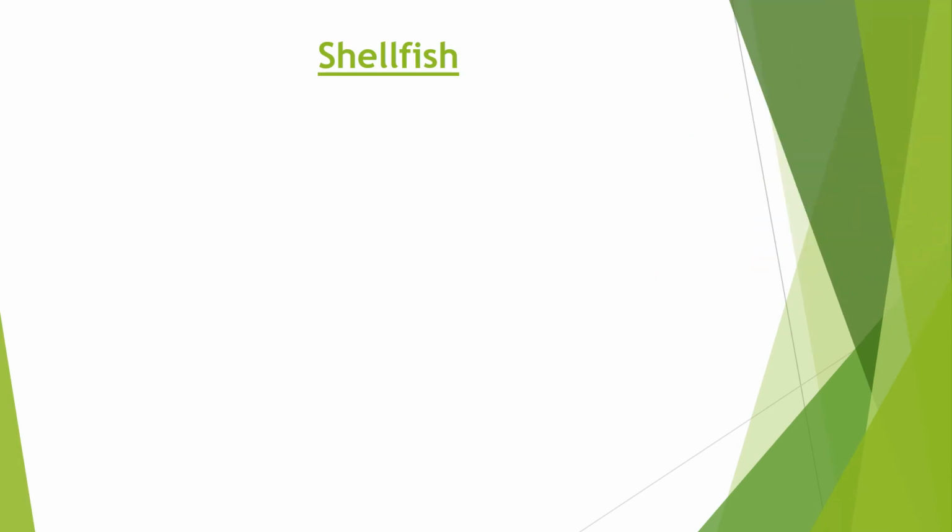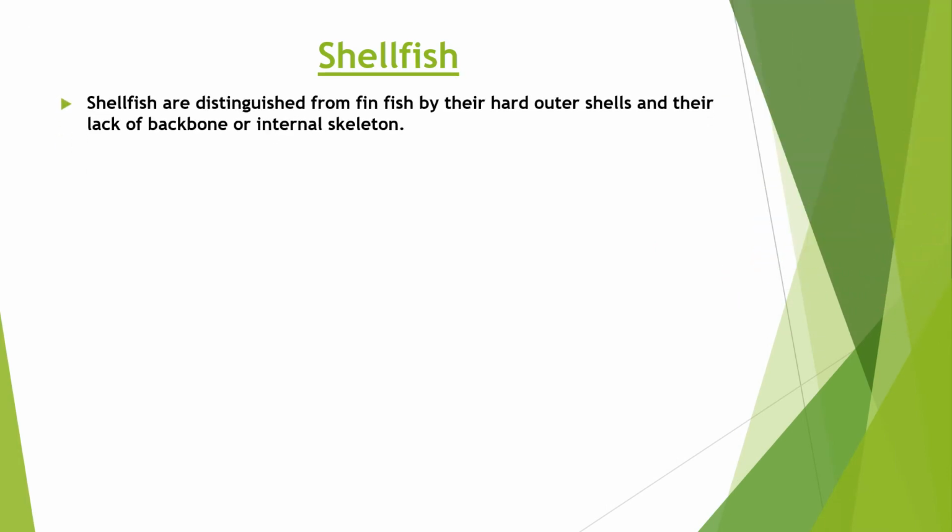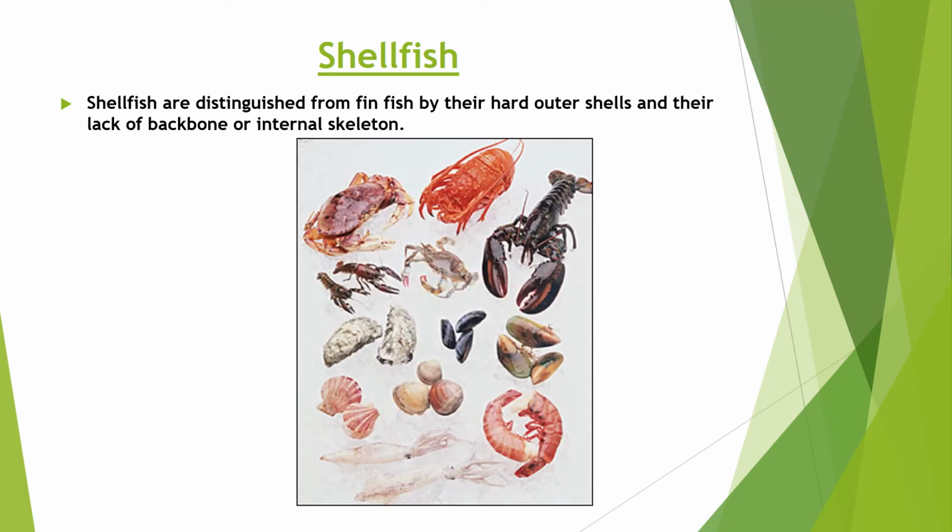Okay, shellfish. Now we're almost finished with this one. What are shellfish? Shellfish are distinguished from finfish by either harder outer shells and their lack of backbone or internal skeleton. Here I have some examples.